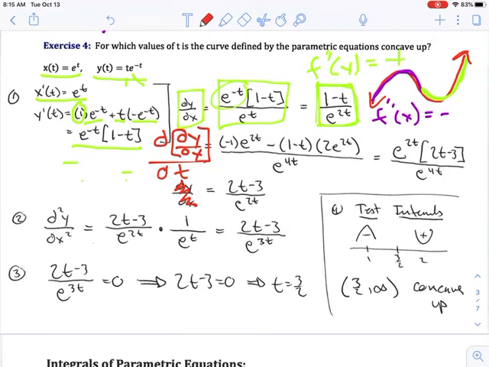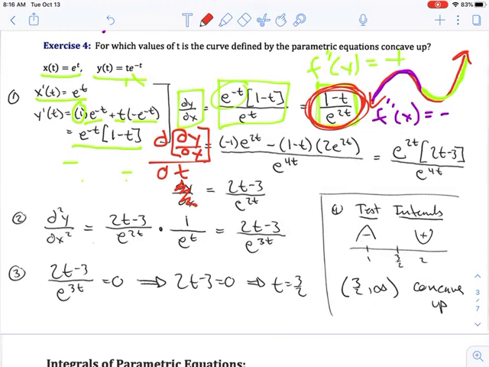It should be reflected in my actual notes, the solutions to the notes, but I haven't changed it in the video. All right, so we're taking the derivative of this with respect to t, and then we are dividing it by x prime of t.